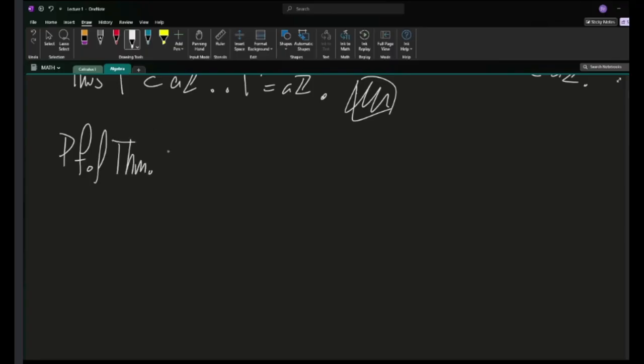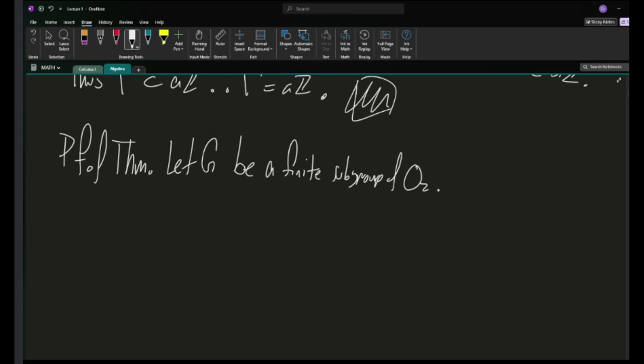Let's state our assumption. Let G be a finite subgroup of O2. Then we're dealing with cases.